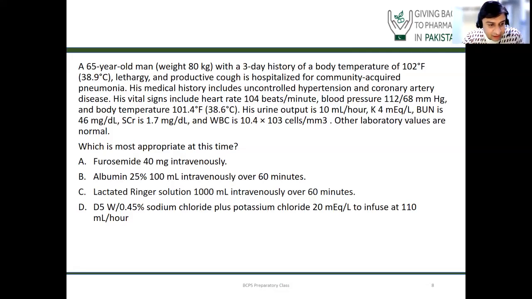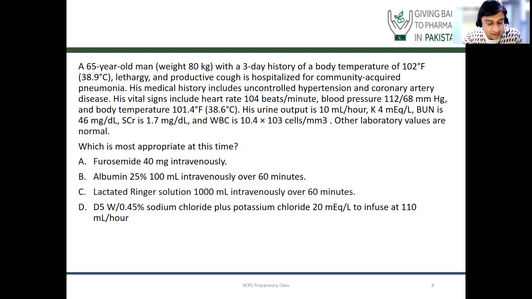So when we look at options B and C, one of them is a colloid and the other is a crystalloid. Albumin is very costly. So there are very few indications of albumin, and we really don't use albumin as a resuscitation fluid because of its cost.